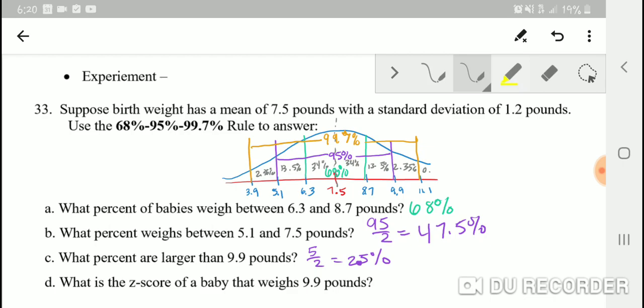And then this was 0.15, I believe. So we could just add those two values together. So 2.35 plus 0.15. And there's a few other ways you could figure it out, but this also works.